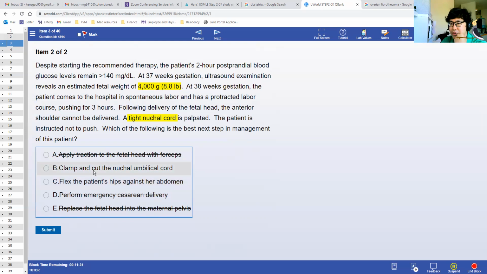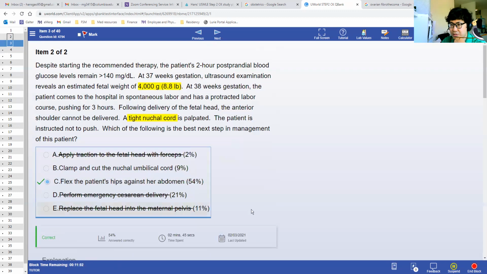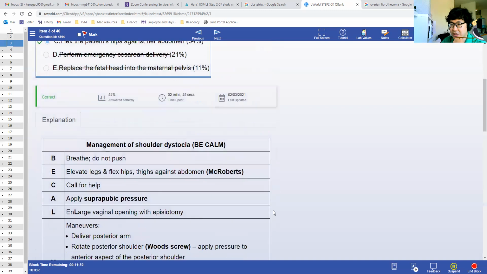The thing is, I'm not really sure how you might be able to clamp and cut the cord, since in this case the cord is still within the mother, and it's going to be pretty hard to identify and cut it. So I'm going to go with Charlie, flex the patient's hips against her abdomen. This way, I feel like the cord will be lengthened slightly because the body is now bending more. All right, and that seems to be the right answer.